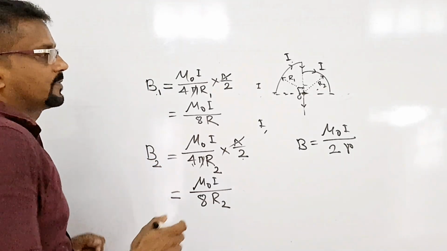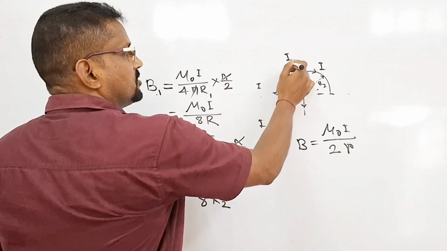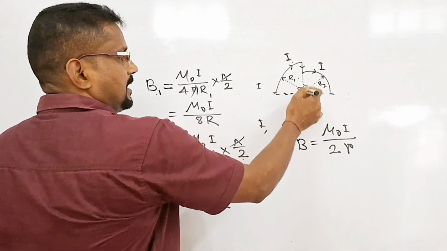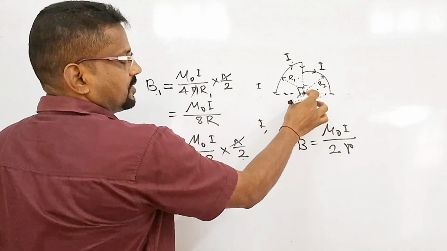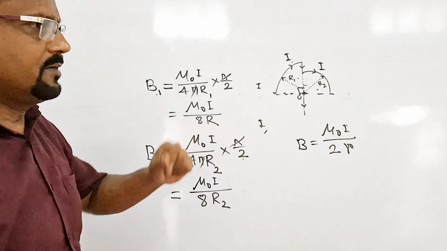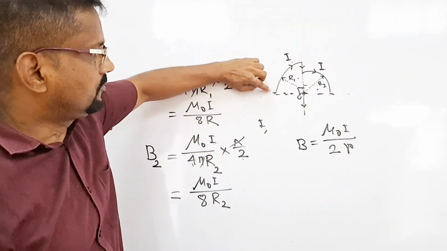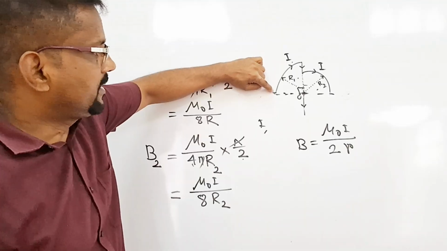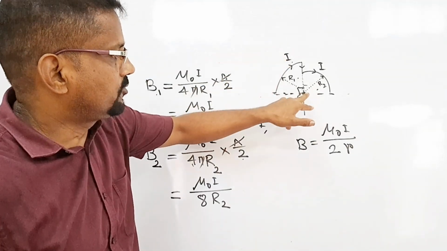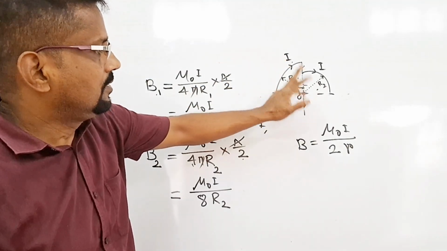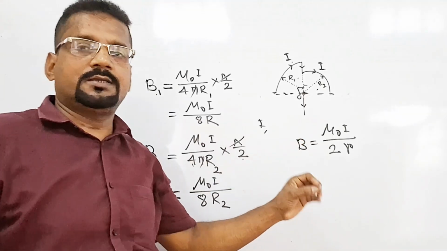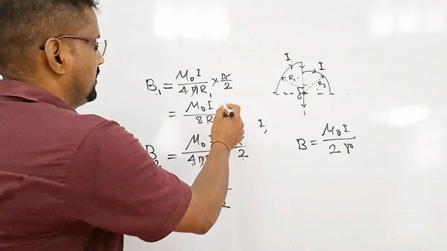So if you move this way, the point is to the right of the conductor, so the magnetic field here will be cross.